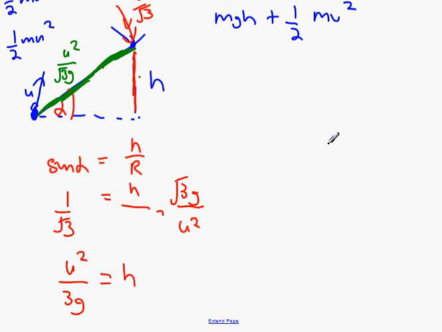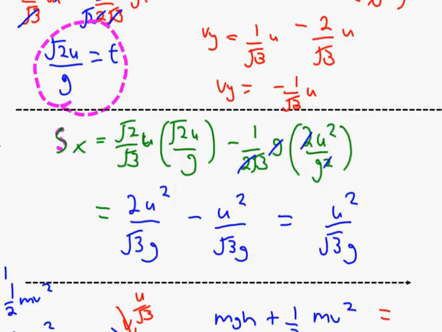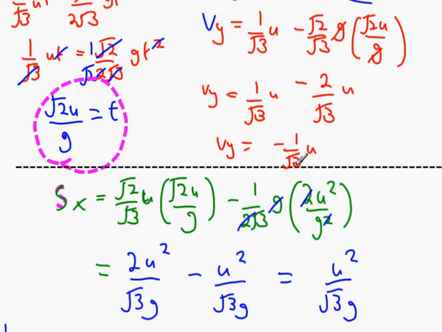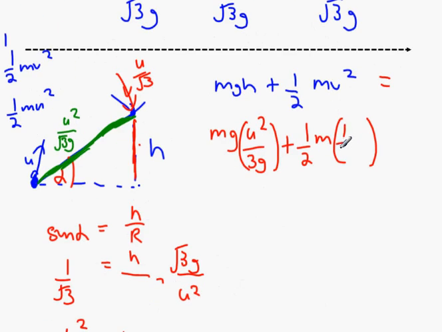Now, what I have to prove next is that mgh is m times gravity times u squared over 3g plus a half m, and what did we say Vy was again? Vy was 1 over root 3 u. Have to square that out.